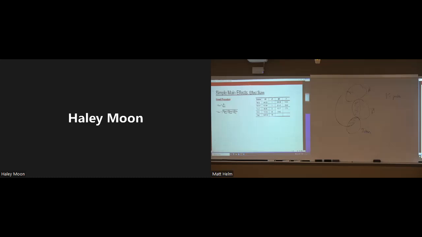So here we're taking the sum of squares error, which is associated with my mean squared error. But then Howell adds back in variability due to humidity and the interaction.